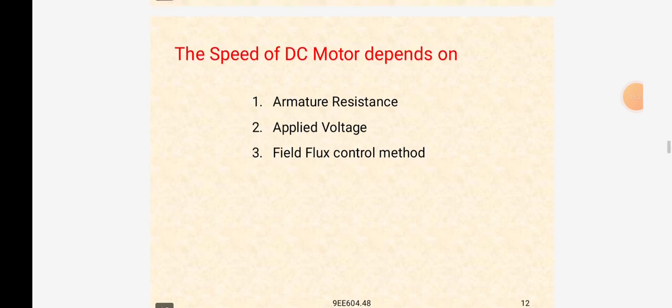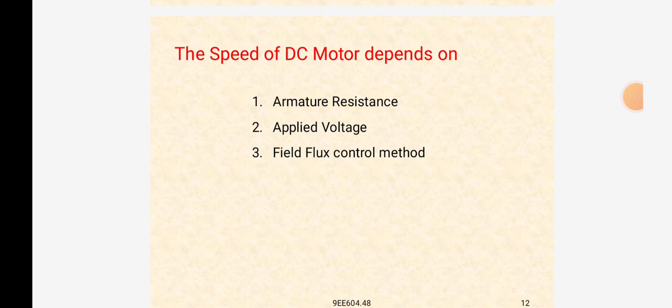The speed of the DC motor depends on armature resistance, applied voltage and field flux control method. So normally to control the speed we have three factors: armature resistance, applied voltage, field flux control method.